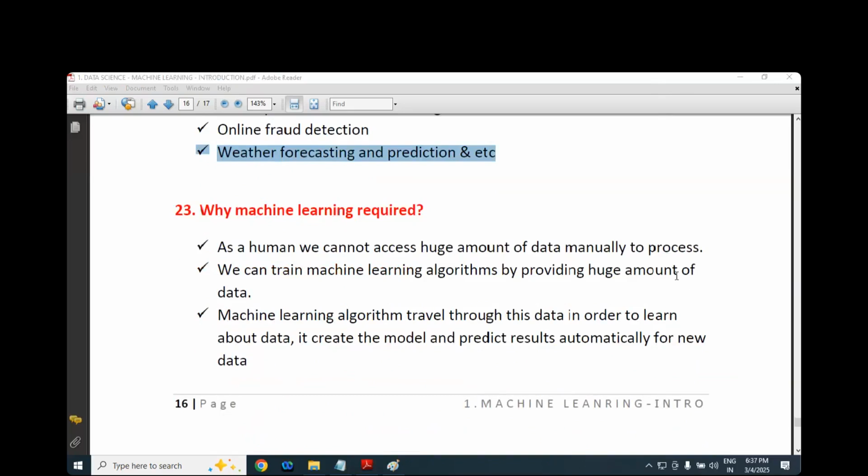Sir, are you talking about how weather is predicted? In this case, the past data is supposed to work. Based on season.